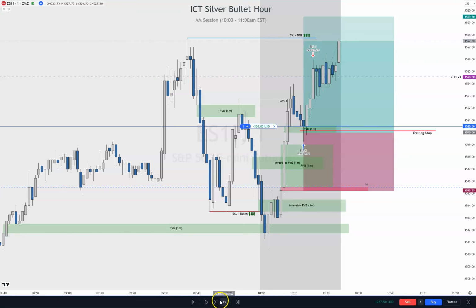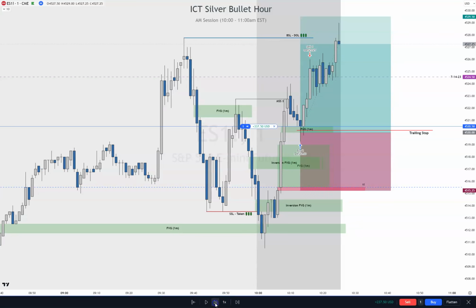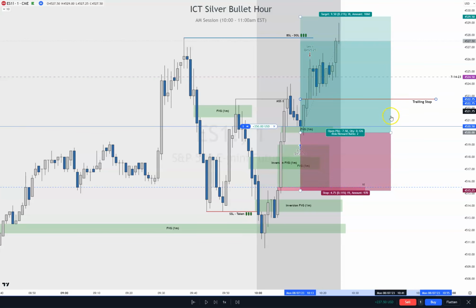Okay, that's good. When it comes up here, I'm moving my stop to at least 25%, so probably at least right there. So that's about 25%, I'd say. Pretty close.